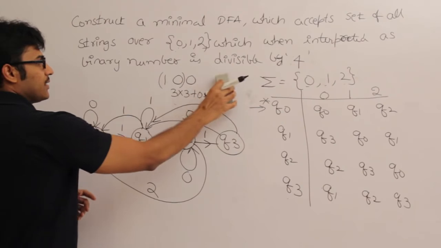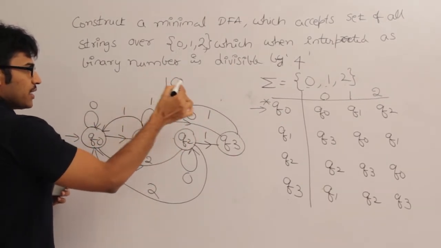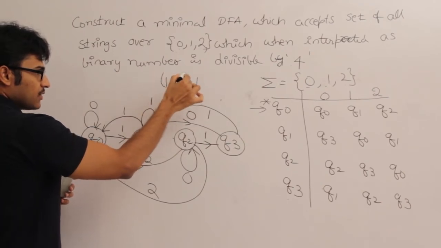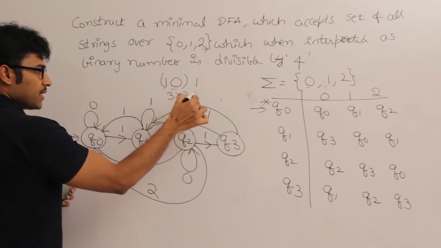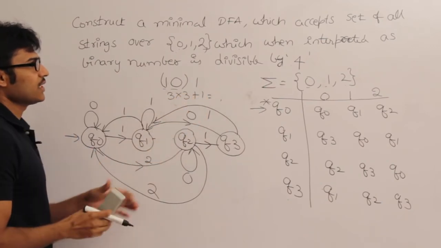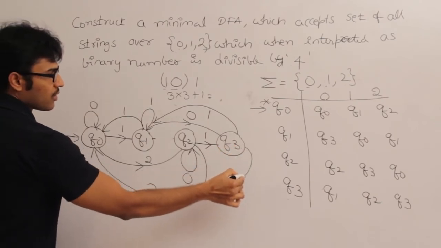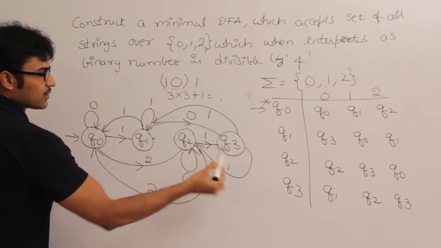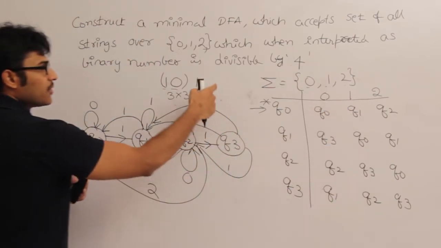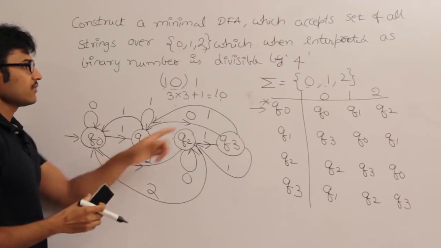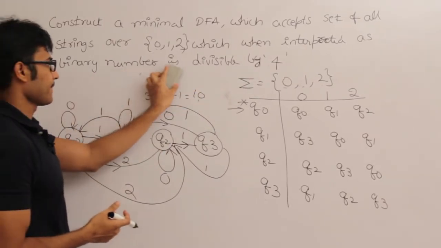Next, let us say you are in Q3, which means you have seen 1, 0. Now if you see a 1 on it, this entire thing is 3, and 3 into 3 plus 1 is 10. So 10 when divided by 4 is going to give a remainder of 2. Therefore Q3 on 1 is going to go to Q2.